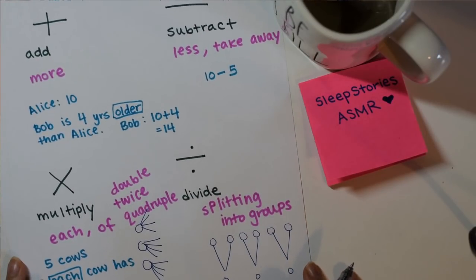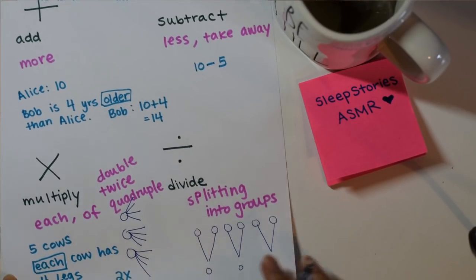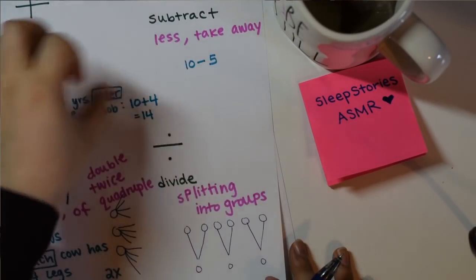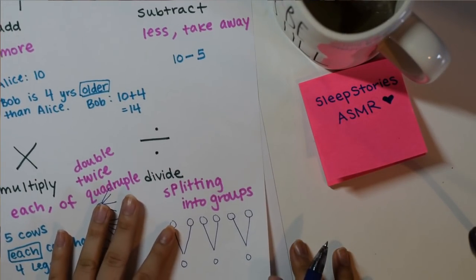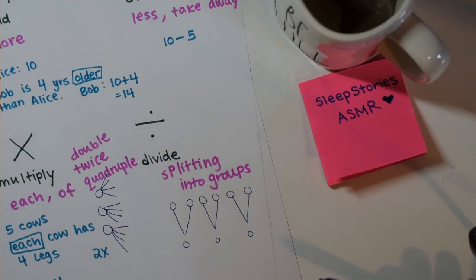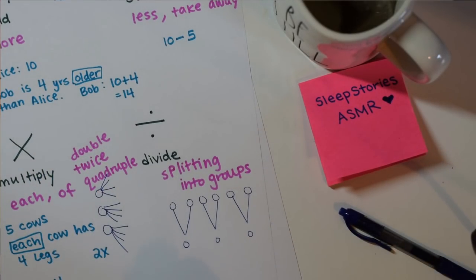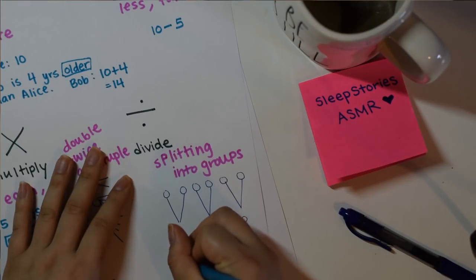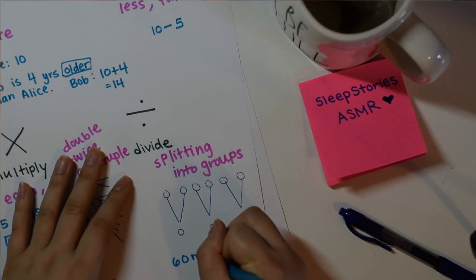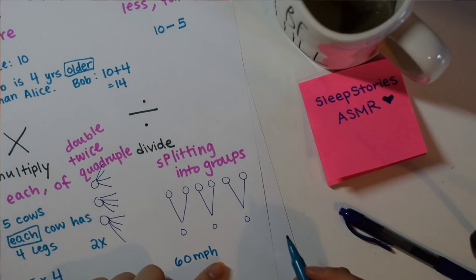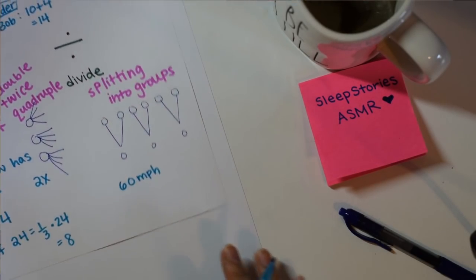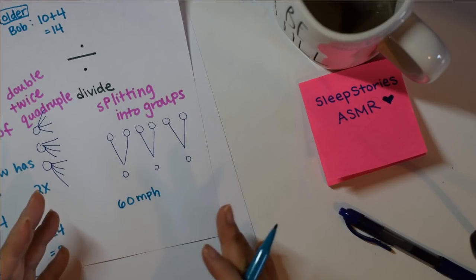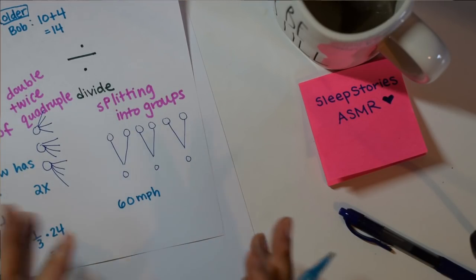And again, when it comes to word problems, focus on the essence of these: which one am I doing? For instance, miles per hour. Let's say I'm driving at 60 mph, miles per hour. You don't have to memorize all your formulas, like distance equals rate times time.